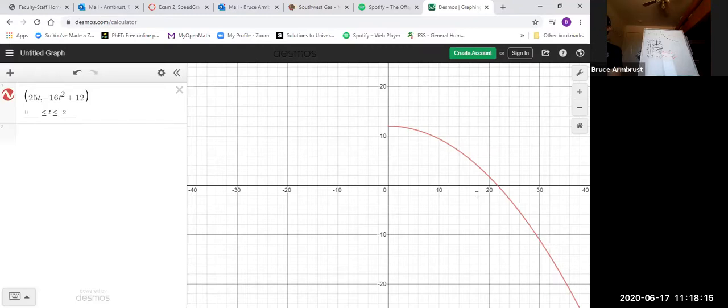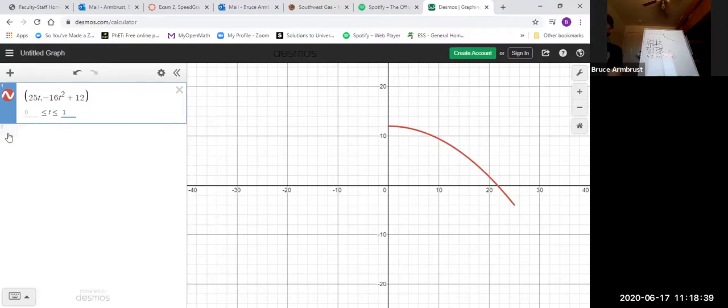Let me adjust the t's. So instead of 0 to 2, let's go say 0 to 1. And you notice that now it's shortened. So on this path, this is where we would be at 0. We'd be up at the y-axis here. And then at t equals 1, we'd be down at this point, a little bit below the y-axis.